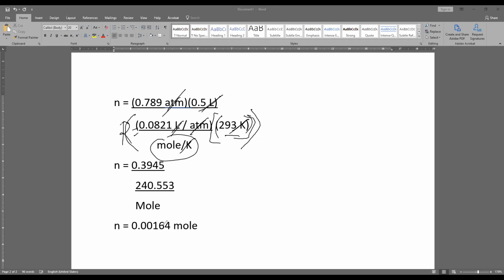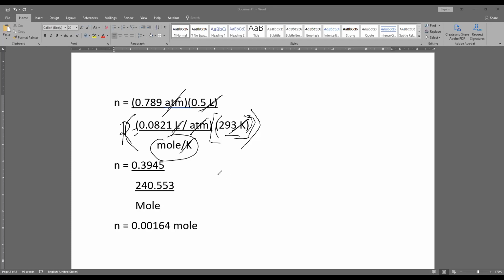Like for example, for volume, what should be the formula? What should be included in the volume? In the temperature, was it Kelvin or degree Celsius? All of those. Okay? Do you have any questions so far?